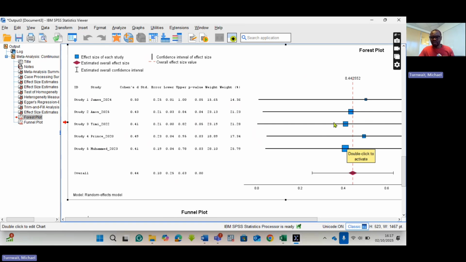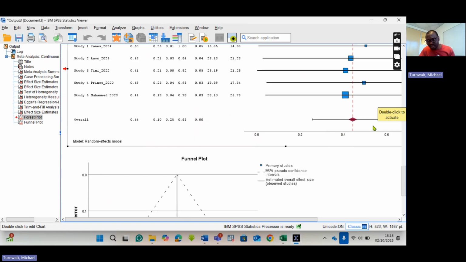Then you also have to take note of this line here. The horizontal line represents the confidence interval of each study's effect size. For the overall, this other horizontal line is for the overall effect size.